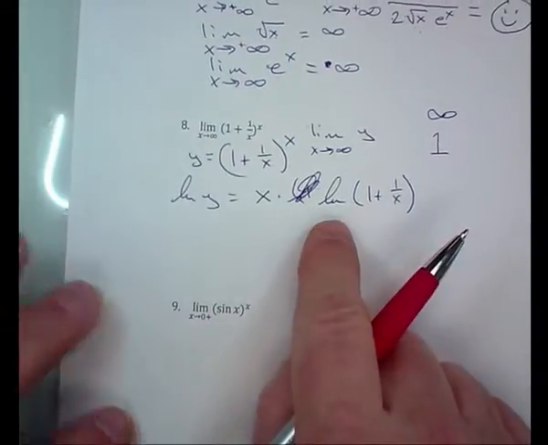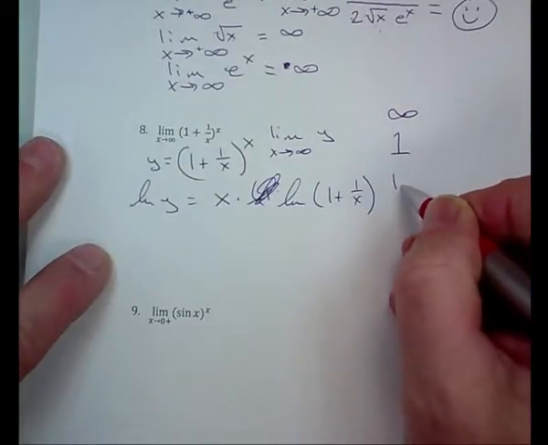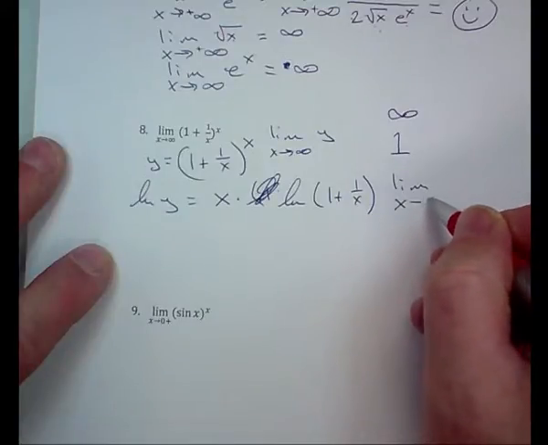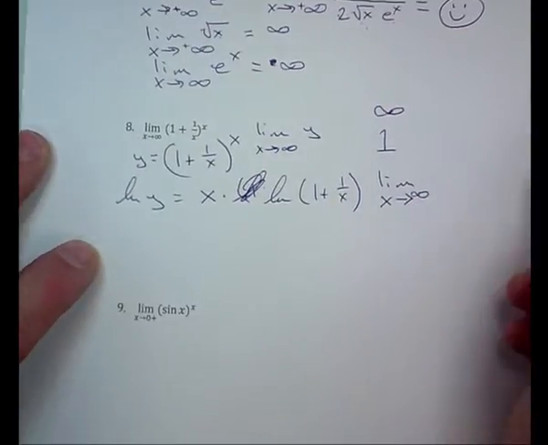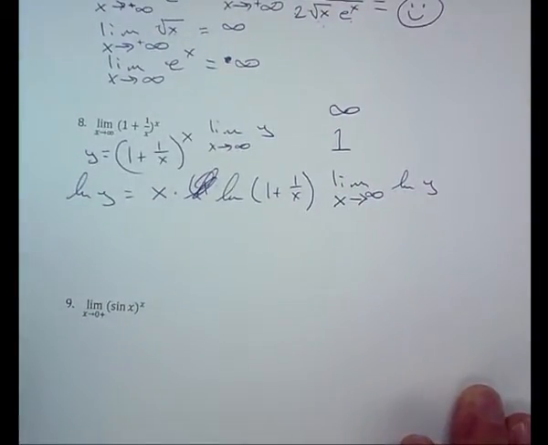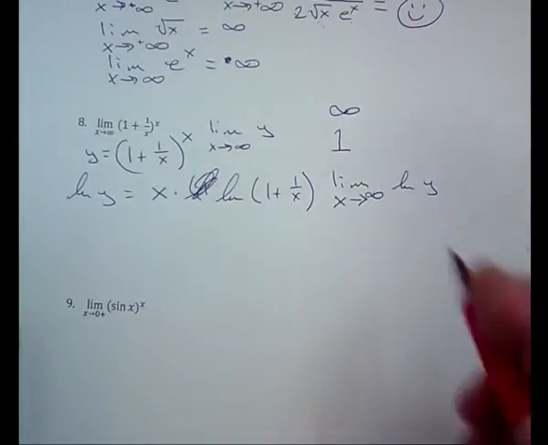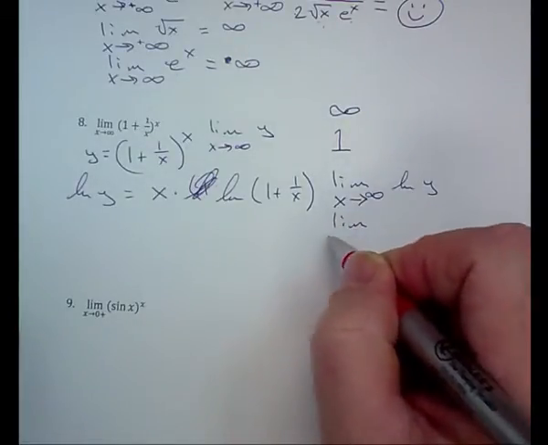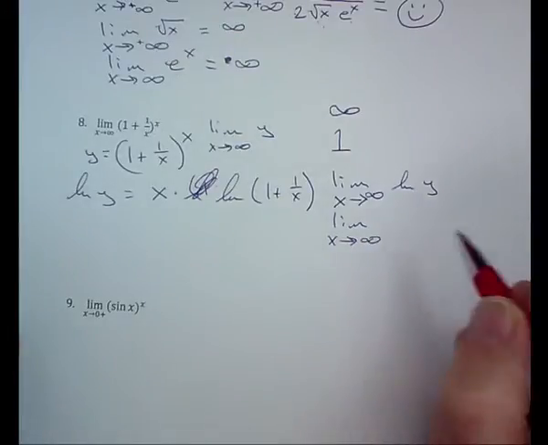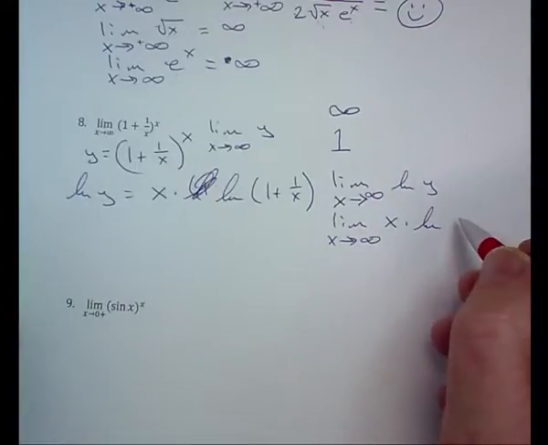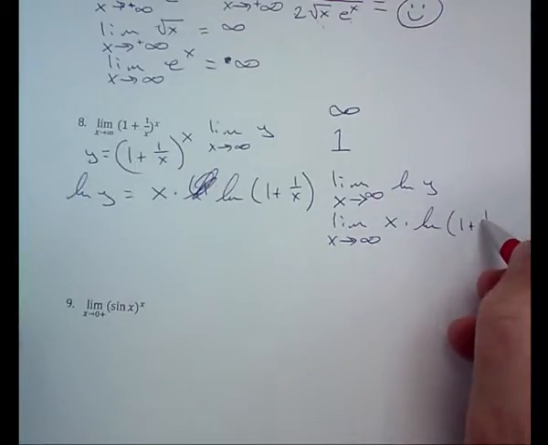Okay, and I'm going to take the limit as x approaches infinity of the ln of y, which is the same as taking the limit as x approaches infinity of x times the ln of 1 plus 1 over x.